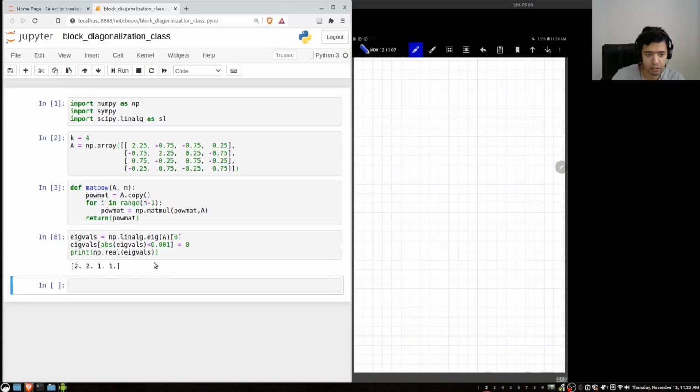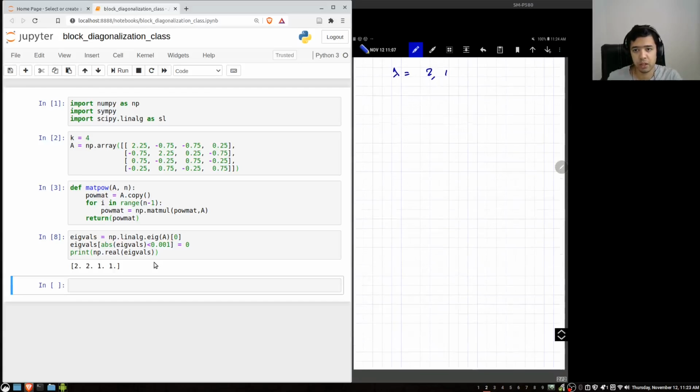So the distinct eigenvalues are 2 and 1, and the algebraic multiplicity of the eigenvalue 2 and the eigenvalue 1 are each equal to 2.